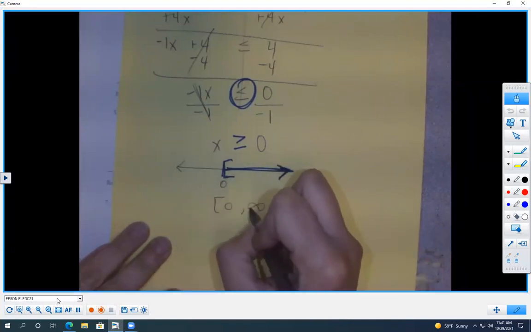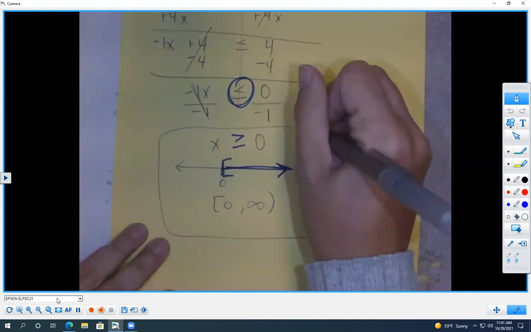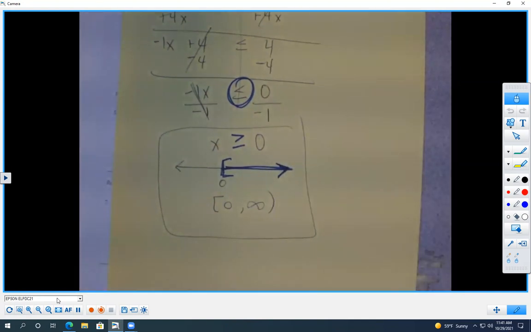Bracket 0 to infinity parentheses. All three of those are your answer. What else?